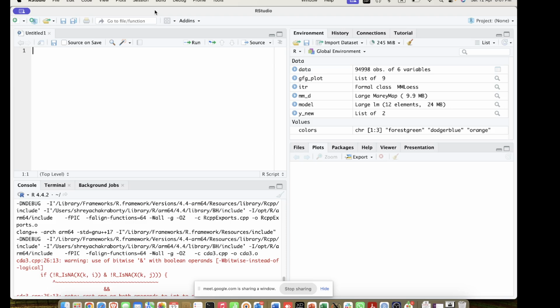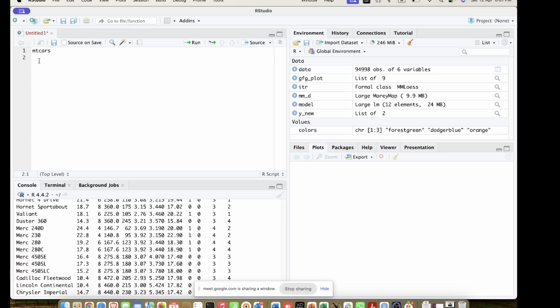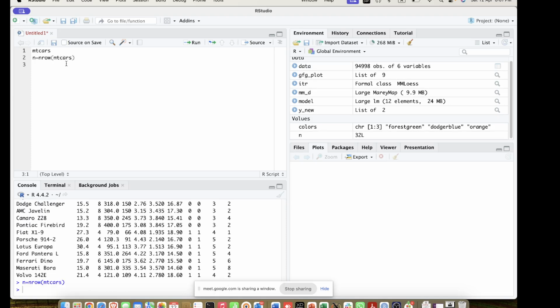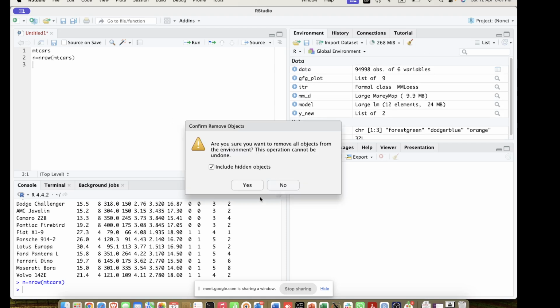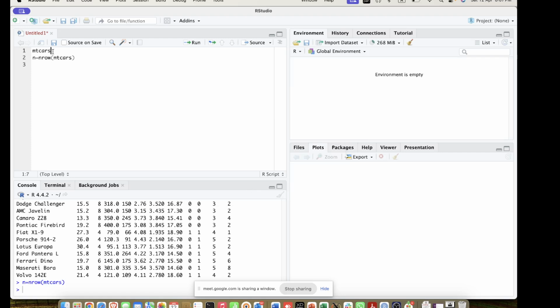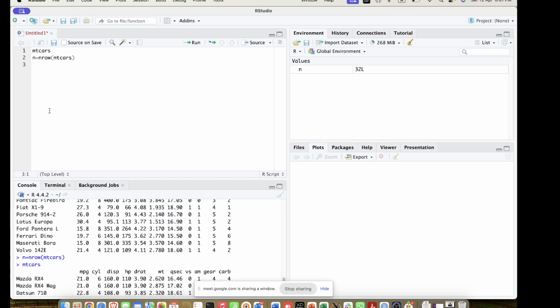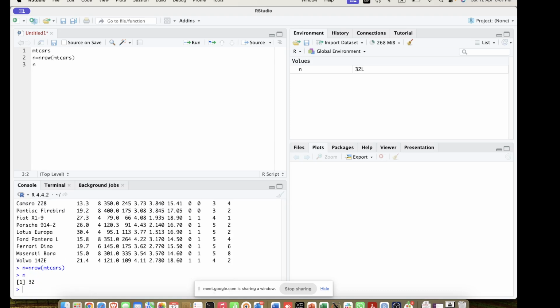Now here, if I consider the dataset mtcars, n is actually nrow of mtcars, that is the number of cars that we are testing, so it is actually 32.